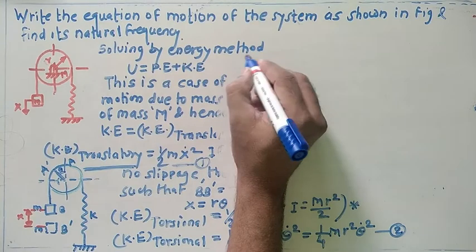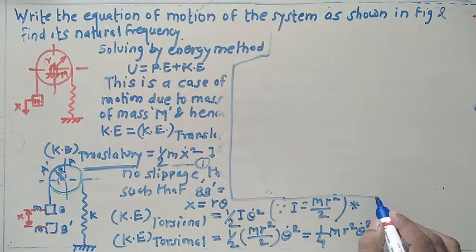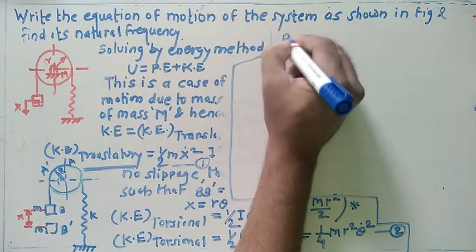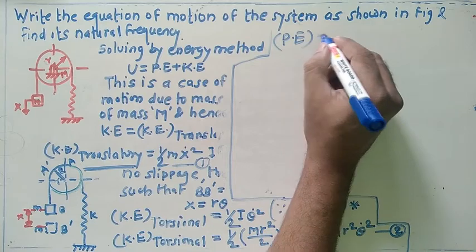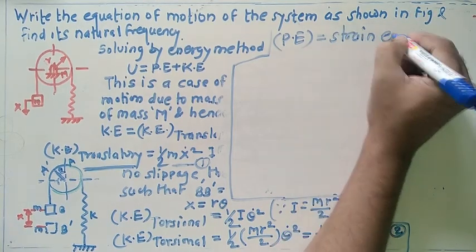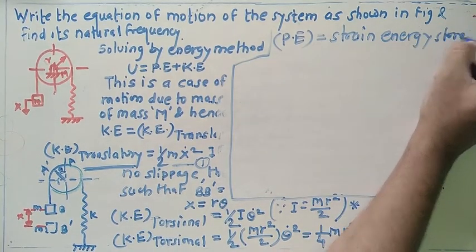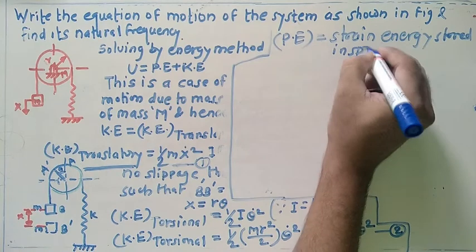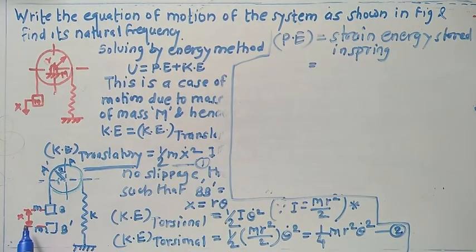So what about the potential energy? We know the potential energy is possessed by the spring. What about the potential energy or strain energy of the spring? The displacement here occurs by x, meaning the same displacement comes for this spring also.